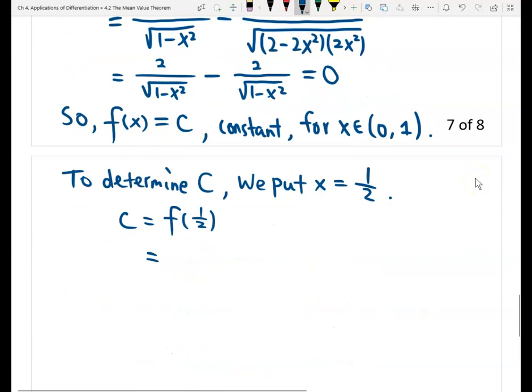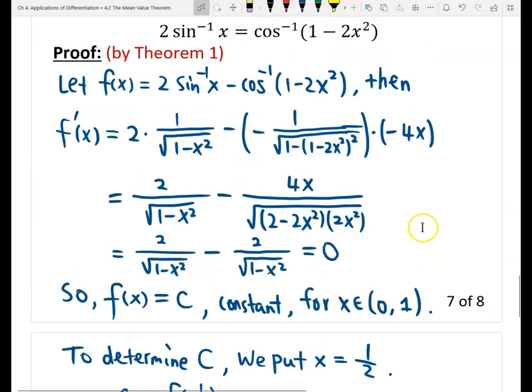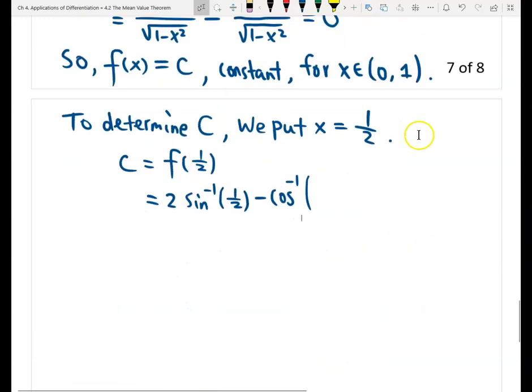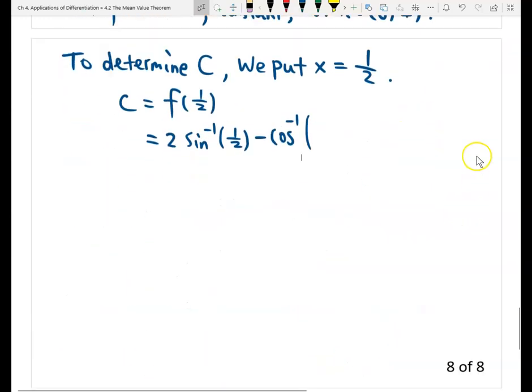Which is 2 times the inverse sine of x, which is 1/2, minus the inverse cosine, parenthesis. Let me go back. When x equals 1/2, x squared is 1/4, times 2 is 1/2, 1 minus 1/2 is 1/2. That's why I said I pick x equals 1/2.